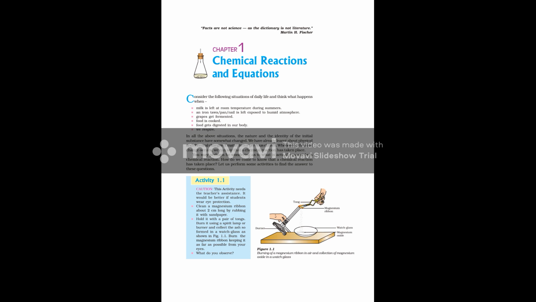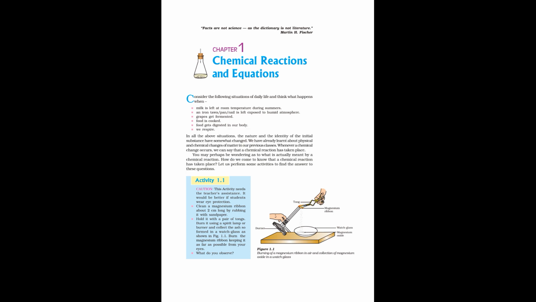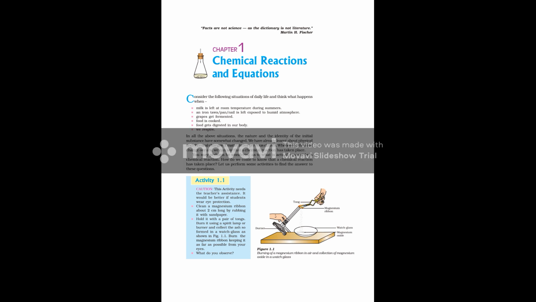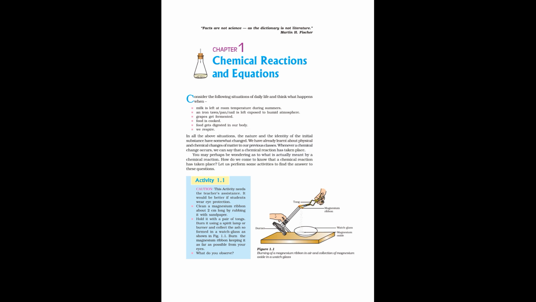Within the cells, the waste product, carbon dioxide, which is generated, is taken by the blood. It combines with hemoglobin, goes to the lungs, and through the blood, the carbon dioxide is exhaled from our body.